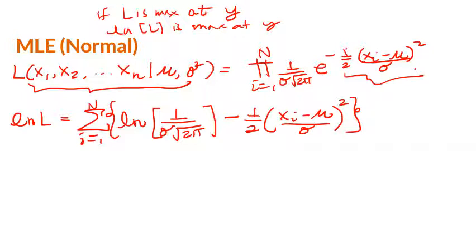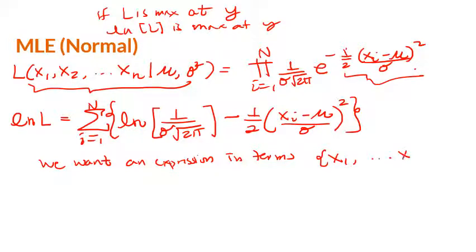So we want an expression in terms of yung sample space natin, x sub 1 and so on, x sub n, that maximizes ln L, which in turn, if ln L is maximized, L is also maximized.